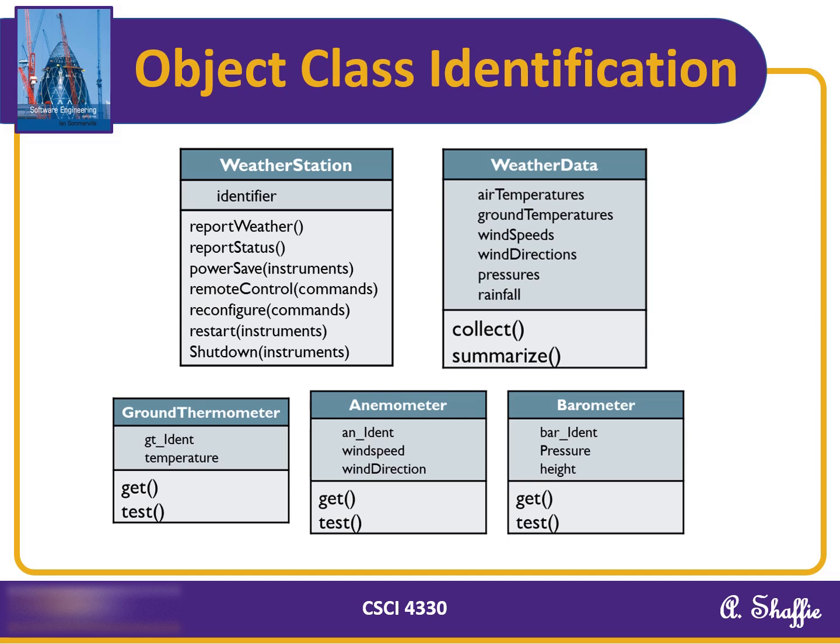These classes correspond directly to the physical instruments in the system. Each of these classes controls the associated hardware to autonomously collect and store data, which is then supplied to the weather data class upon request. Each of these sensor classes is designed with methods like get and test to interact with the system, keeping their functionality modular and reusable.